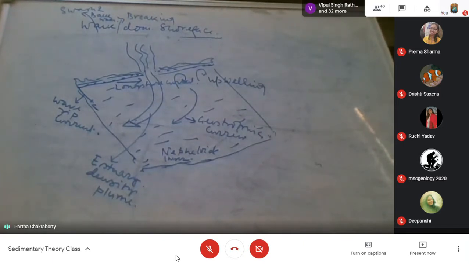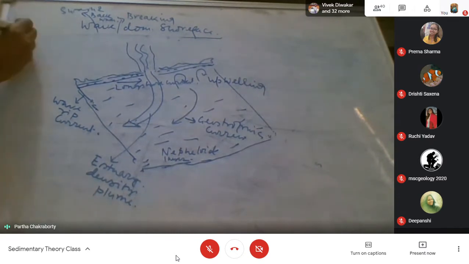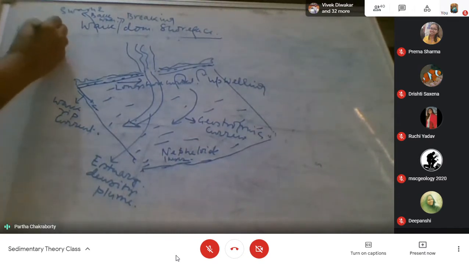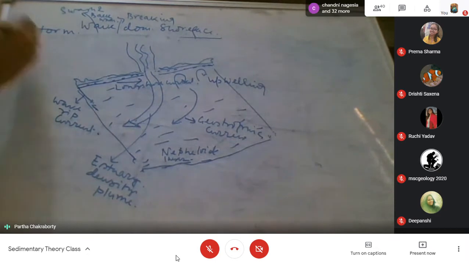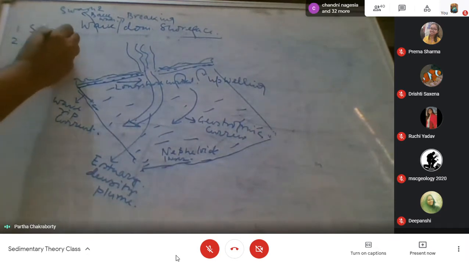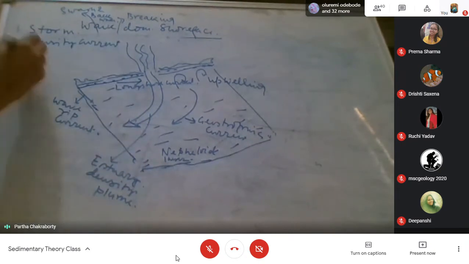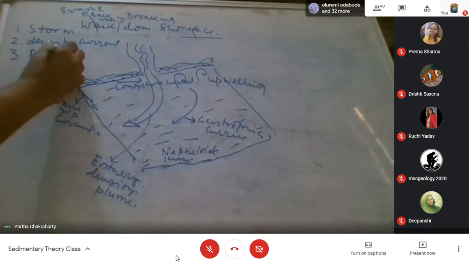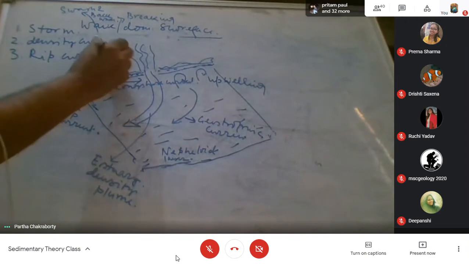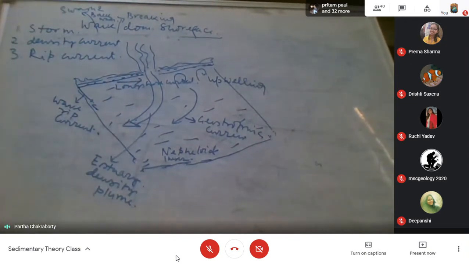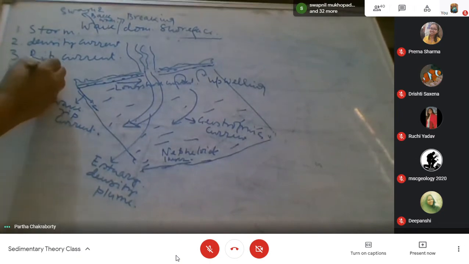So rip channels may supply the sediment. So number one is storm action. Number two is density current. And number three is the rip current. At the upper limit of the shelf, we may also get the longshore current.